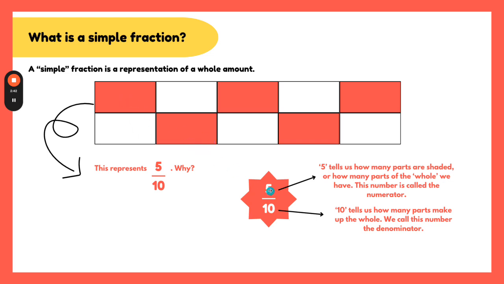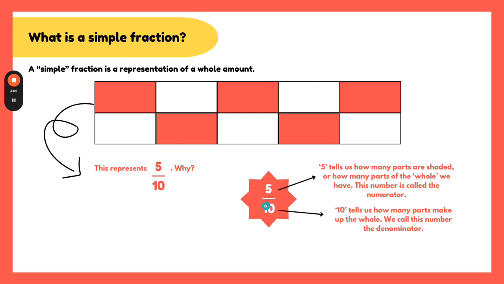Now the 10 in this case is our denominator, which tells us how many parts make up the whole. So there are 1, 2, 3, 4, 5, 6, 7, 8, 9, 10 parts of the whole together.